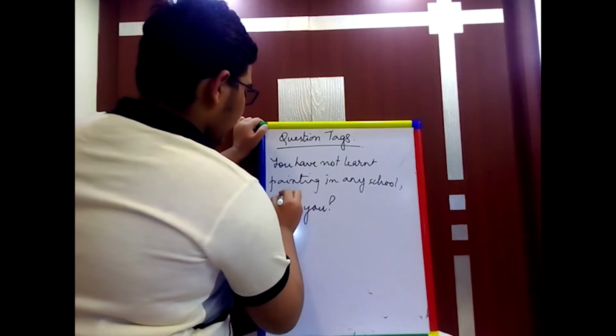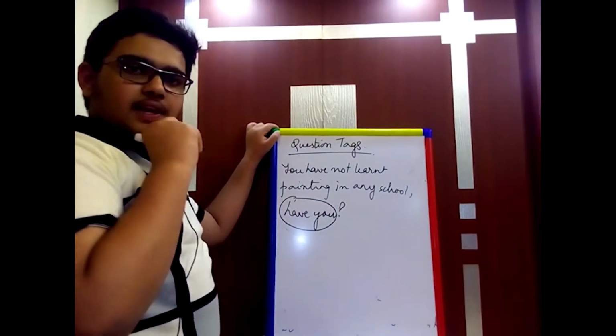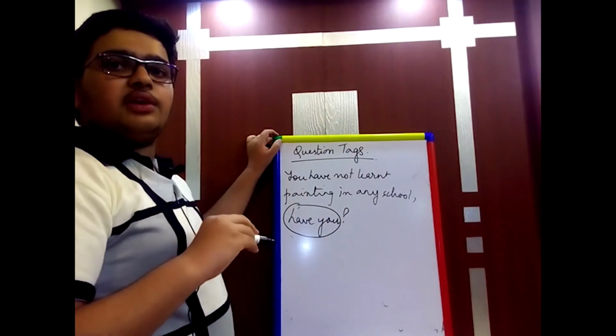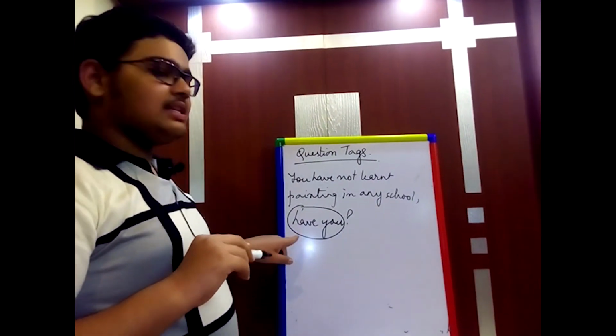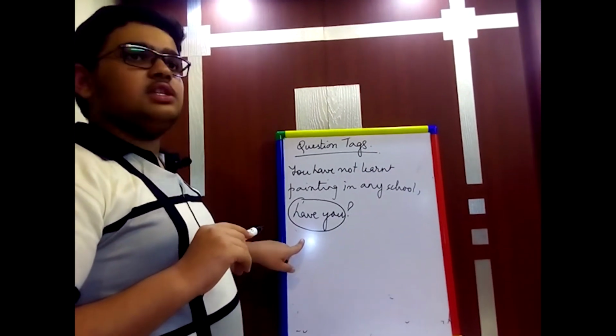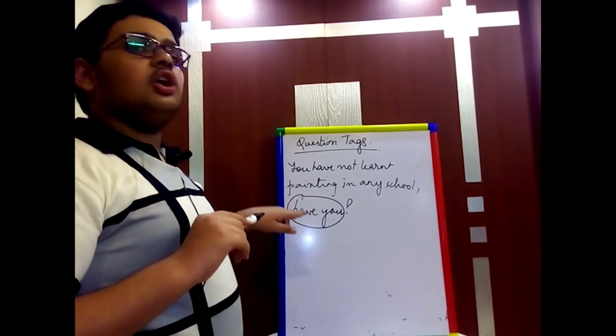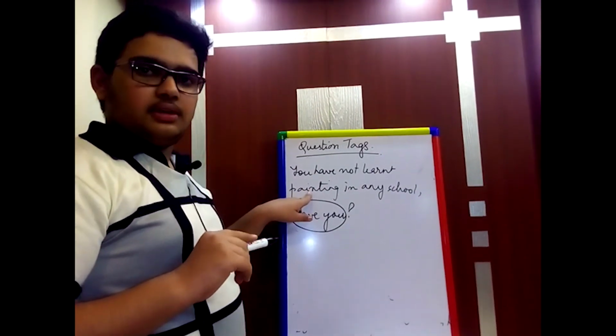Now this part, have you, we refer to as the question tag. So how can we define question tags? The question tag is a group of words which is placed after a sentence in order to confirm or assure the statement.